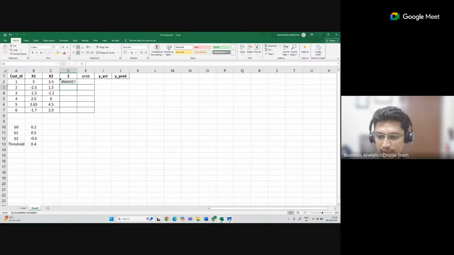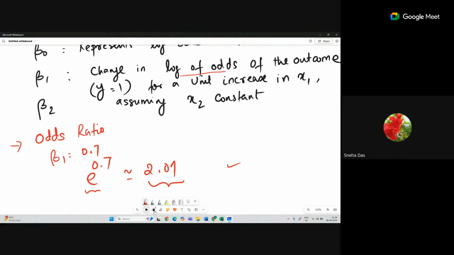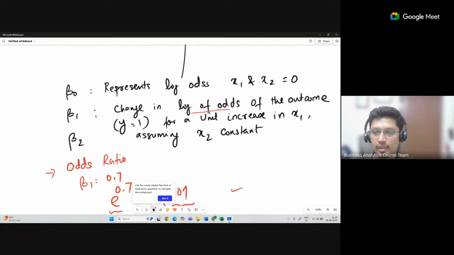Sir, can you explain log of odds a little more? Sure. Whatever you compute from logistic regression is the log of odds. To interpret beta 1, you have features x1 and x2. Say your house is 2000 square feet.